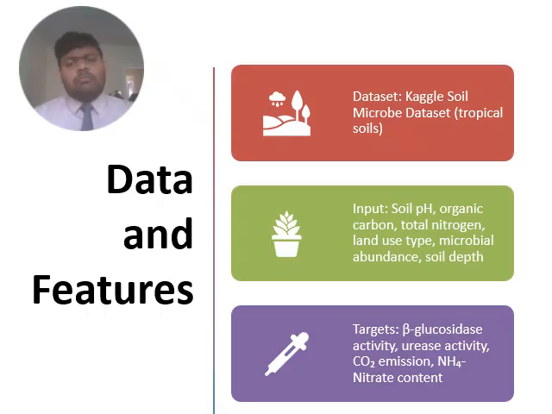The target outputs for prediction are activities of glucosidase and urease, CO2 emission rates, and nitrate and NH4 content. This gives us a comprehensive view of both the chemical and biological dimensions of soil health.